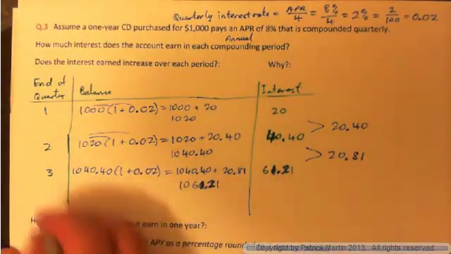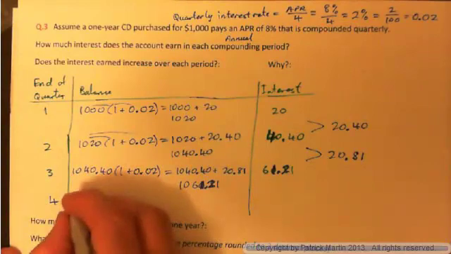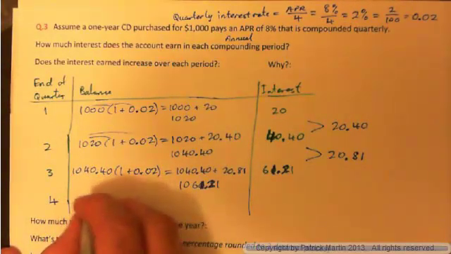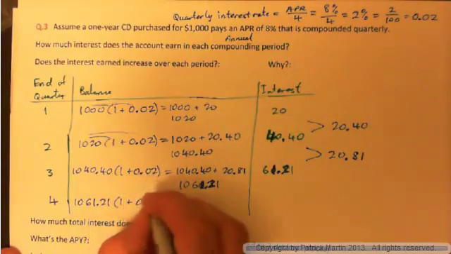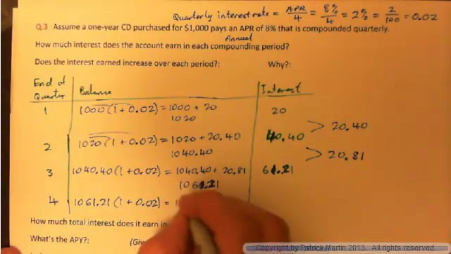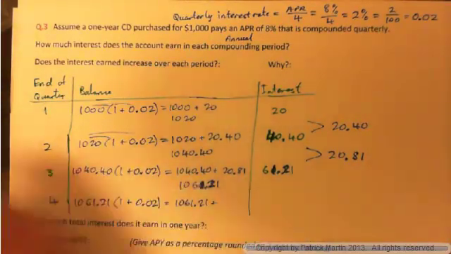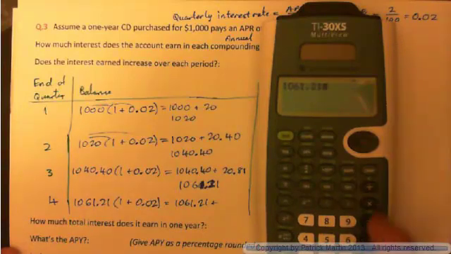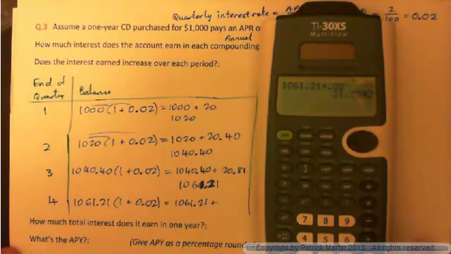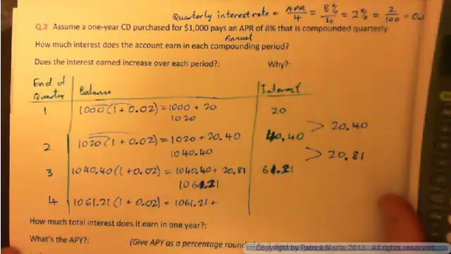And then after quarter 4, we're taking our $1,061.21 and multiplying that by 1 plus 0.02, which gives the $1,061.21 plus 2% of that, which is $21.22.